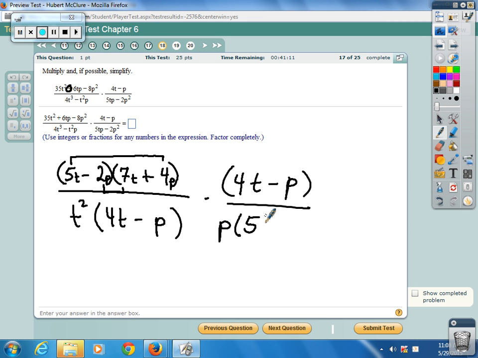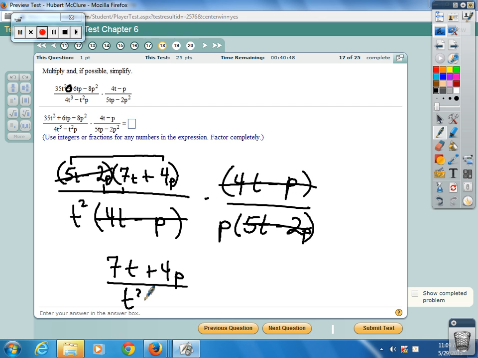And that leaves 5T minus 2. And what cancels? 4T minus P, and this should be 2P. That cancels here. And that leaves us with 7T plus 4P over T squared P or P squared T, whichever one you want, or PT squared, whichever one you want to put.